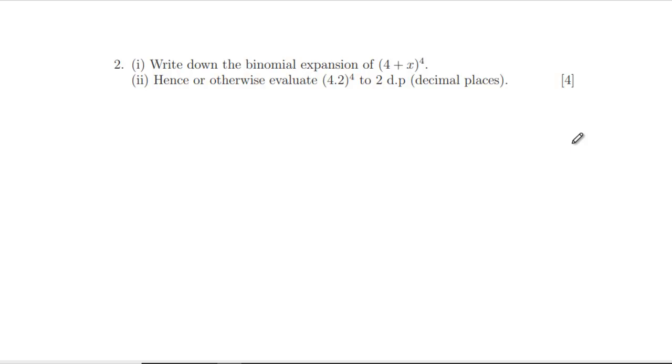Write down the binomial expansion of (4 plus x) to the 4. Right, (4 plus x) to the power 4. So we do our usual systematic approach to that. We're going to need 4 to the 4, and I'll put in the coefficients later on. 4 to the 3 x, and then 4 squared x squared, and then 4x cubed, and then x to the 4 at the end.